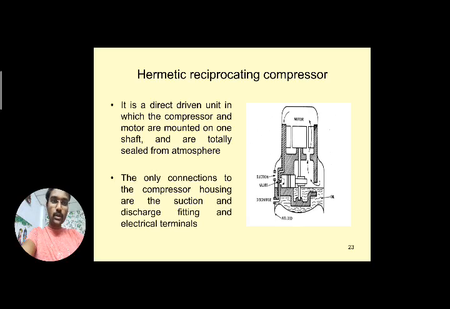If you observe, the only connections made to this hermetic reciprocating compressor are the suction and discharge openings, and the electrical terminals to make the electric connection to the electric motor.